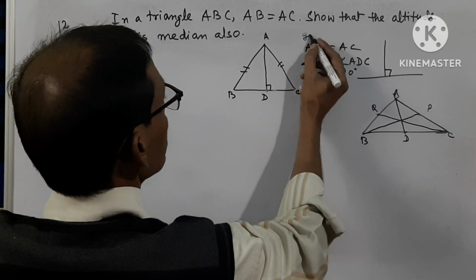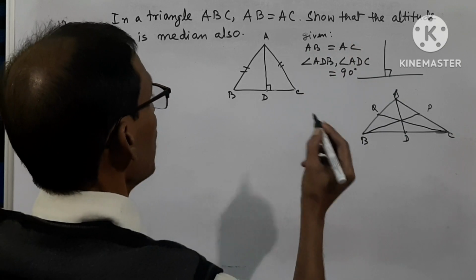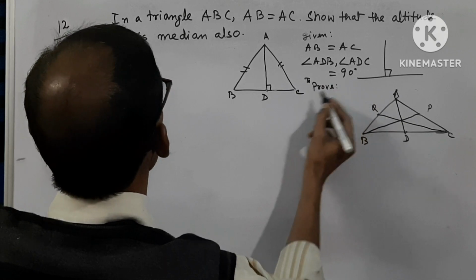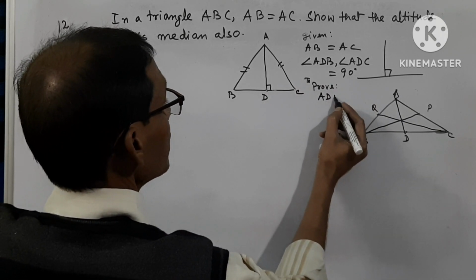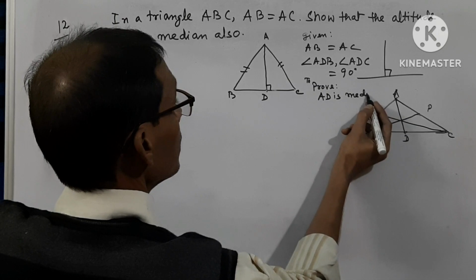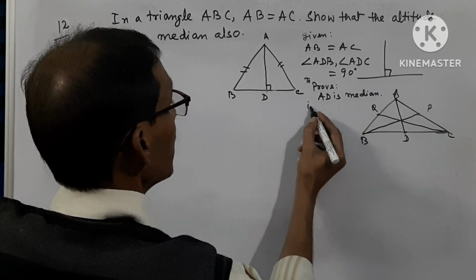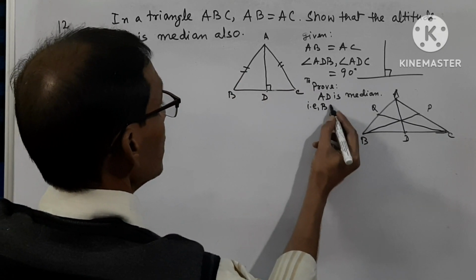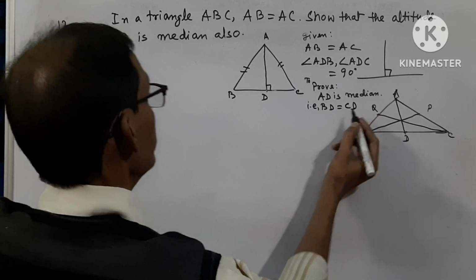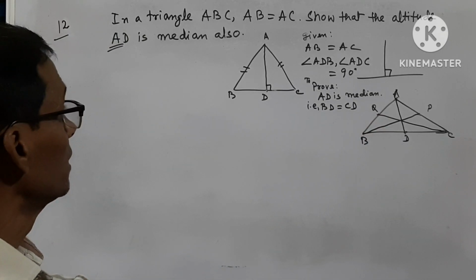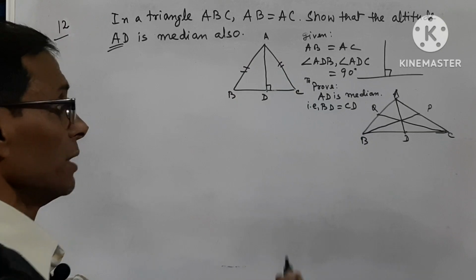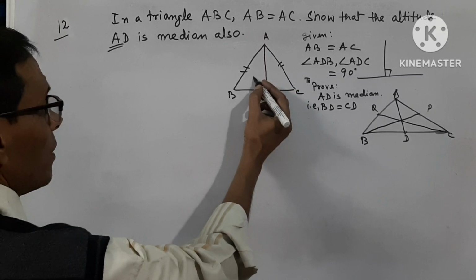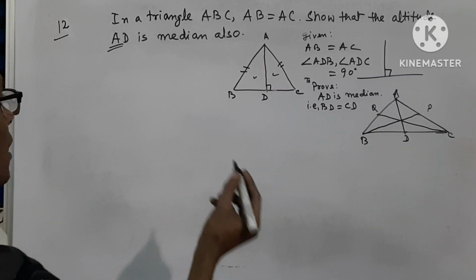So this is given, and we have to prove AD is median. That means BD is equal to CD. If D is the midpoint of BC and AD is the line segment, that proves that AD is the median. We have done this type of sum previously also.